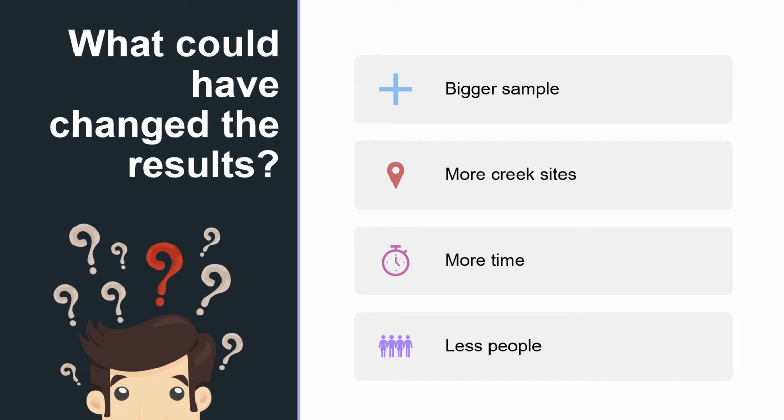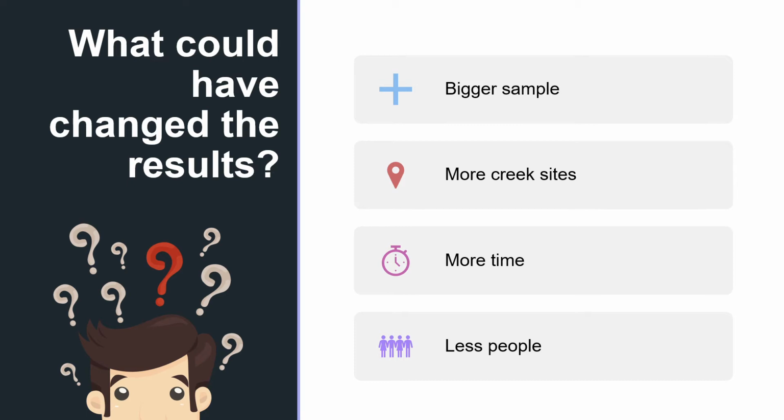The data that we collected was in 2 consecutive days, and the data was collected 3 times at every site. So perhaps if we were collecting the data over, for example, 2 weeks or a month, as long as it doesn't rain throughout that time period, the results could have been different.